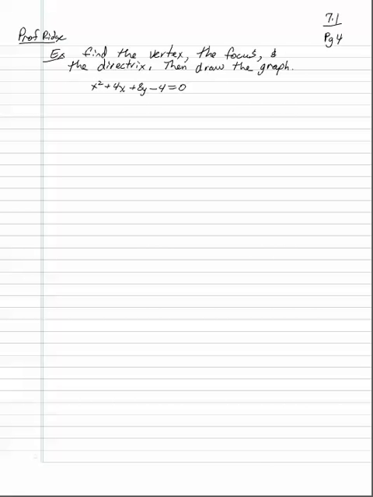Okay, so let's find the vertex, the focus, the directrix, and then draw the graph. On this one, it's not in standard form. So my first step is to put it in standard form. Look, we have x squared and that's it, no y squared.